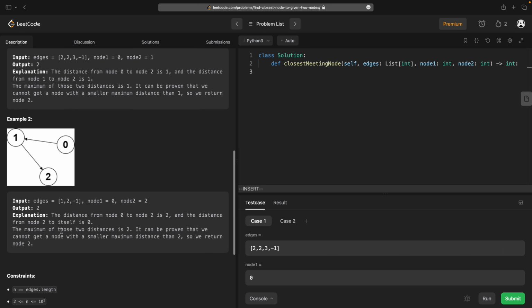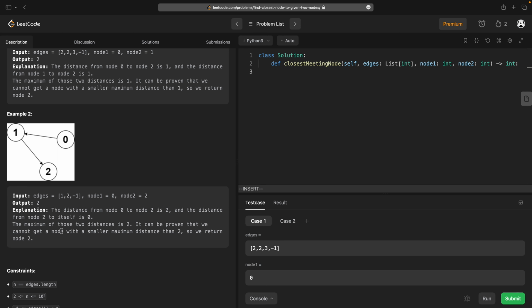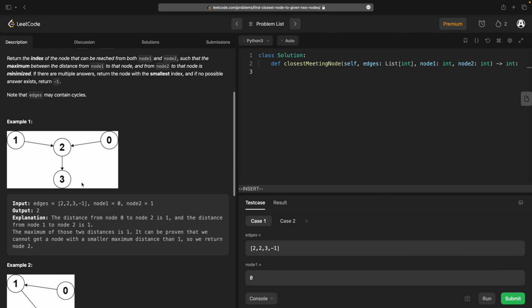So I think what they're asking for is some kind of nearest common ancestor algorithm.